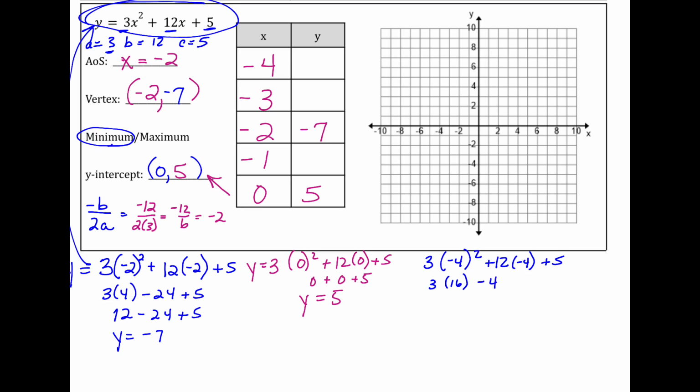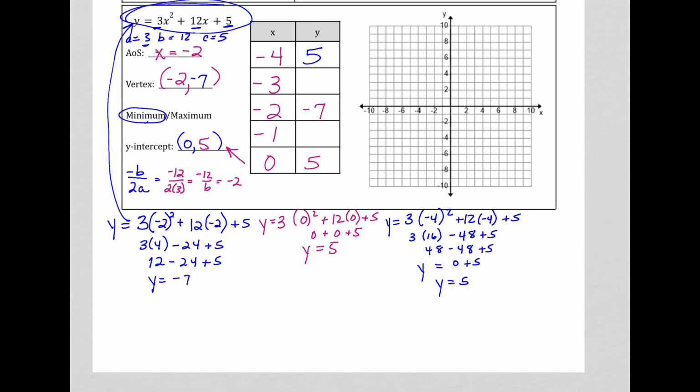And then minus 48 plus 5. 48 minus 48 plus 5. So 0 plus 5. Remember, these are y equals. So y equals 5. So at -4, our y will be 5. And again, you can see that kind of mirroring there.